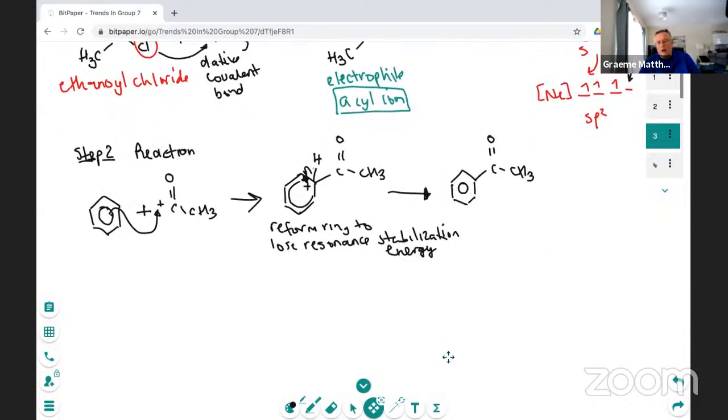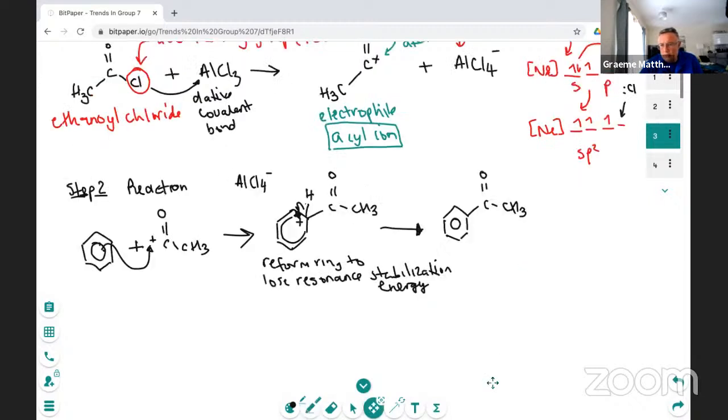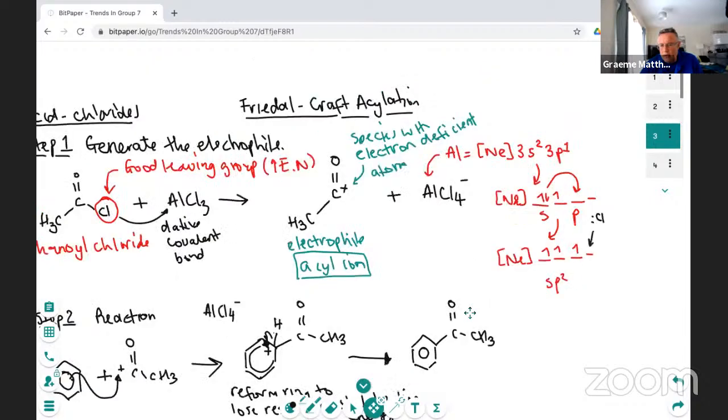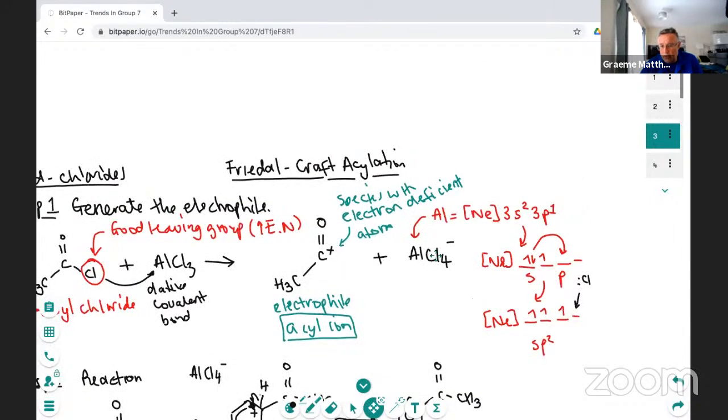Right, so look, on this one, chemists, what you've got inside solution is the AlCl4 minus ion that you made all the way up here. Okay, where did it go? Right there.